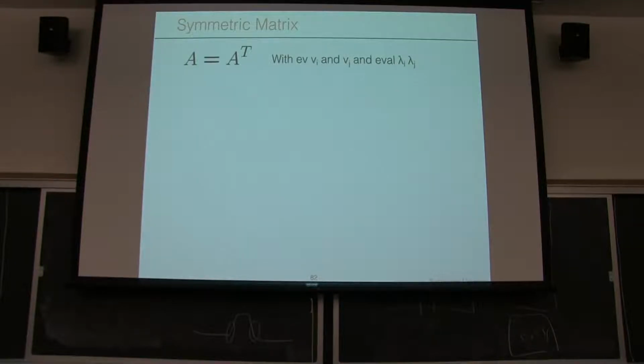All right, and let's assume that I have two eigenvectors, Vi and Vj, and the corresponding eigenvalues are lambda i and lambda j. Okay, all right. So since Vi is an eigenvector of A, this must hold, right? If I multiply A by the eigenvector Vi, I get back the same vector scaled by the corresponding eigenvalue.